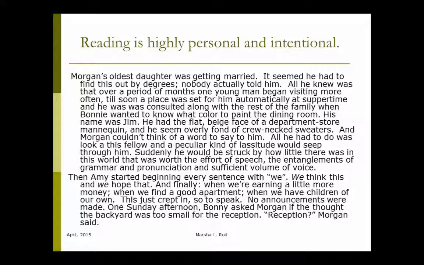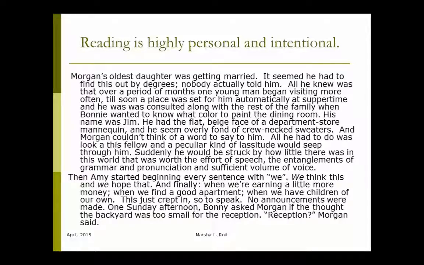When you get to the next paragraph, Amy, the daughter, started every sentence with "we." She's there with her fiancé. We think this and we think that. Now, how many of you have planned a wedding with your child, with a sibling, with your daughter or son for that matter, and you hear that "we" all the time, and sometimes you are just stunned by what some of the ideas are?